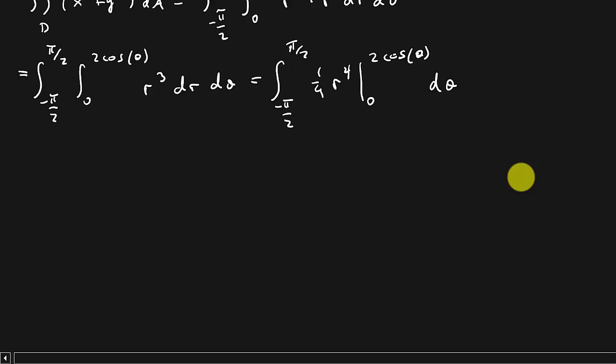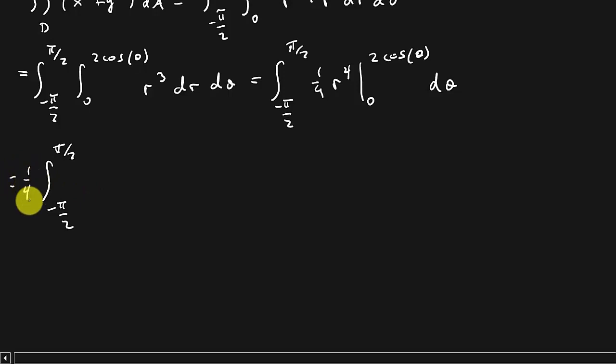And so now let's plug everything in. All right, so this is going to be the integral from negative pi over 2 to pi over 2 of 1/4. I think I'm going to bring that 1/4 outside.